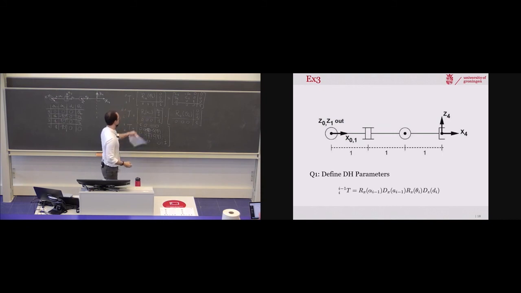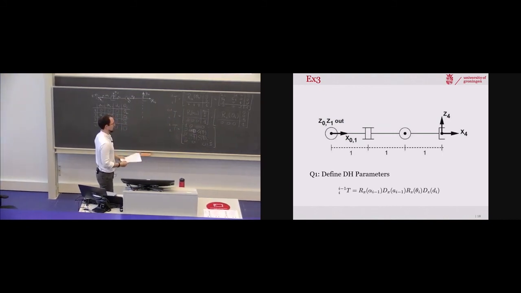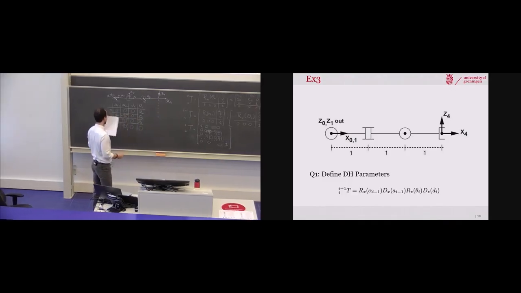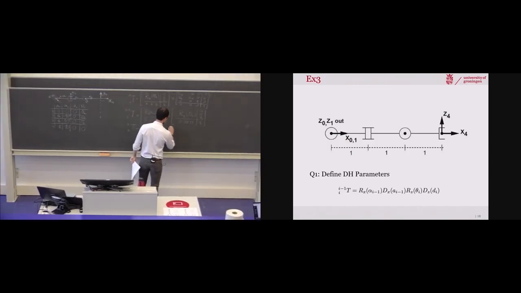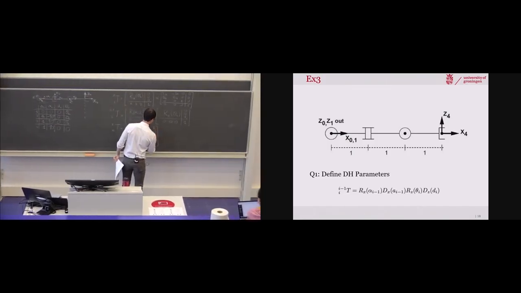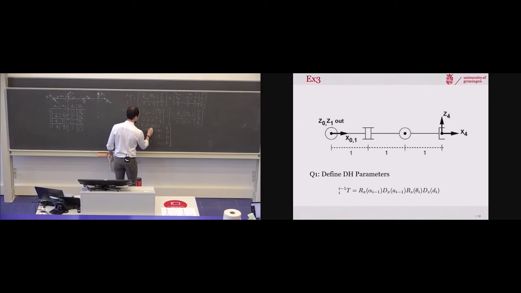And now here I have to put the translation along the x-axis. So a_1, that is equal to 1. So it is 1, 0, 0. Okay? And here the cosine of minus 90 degrees is equal to 0. Okay? Therefore this one is equal to 0. This one is equal to 1. Okay?